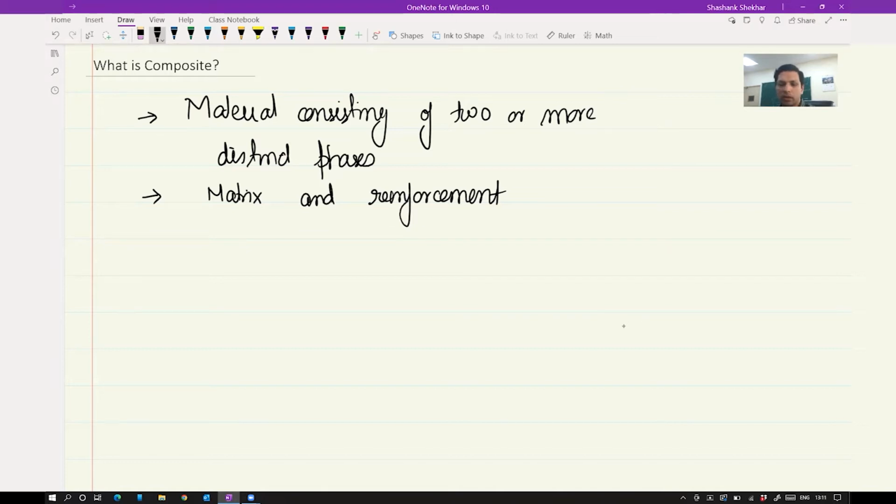So as a general rule of thumb, a system would be called a composite only when it has sufficiently different elastic modulus. In the case of aluminum alloys, pure aluminum versus aluminum alloy does not have very different elastic modulus, and therefore we cannot term it as a composite.